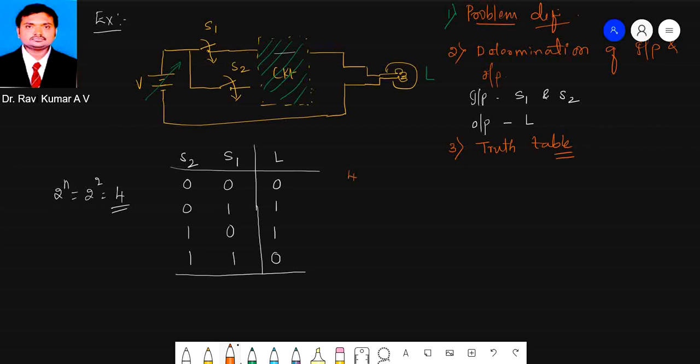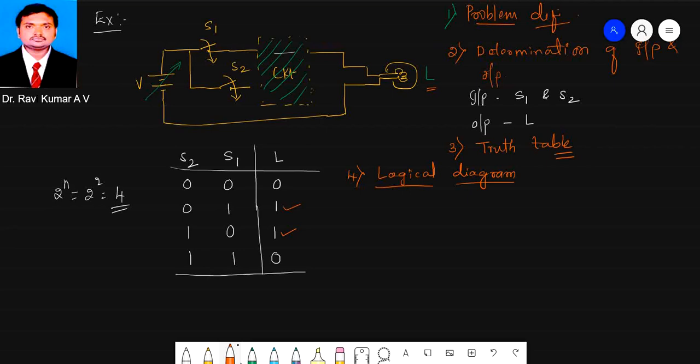Next, the fourth step is that from this truth table we need to write the logical expression. So what is a logical expression? It consists of input variables. Here I need to consider the rows where L is logical 1. With these 1s, I am supposed to get the expression in terms of the input variables.